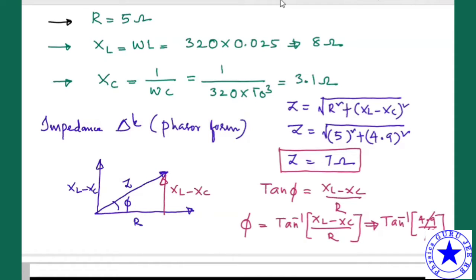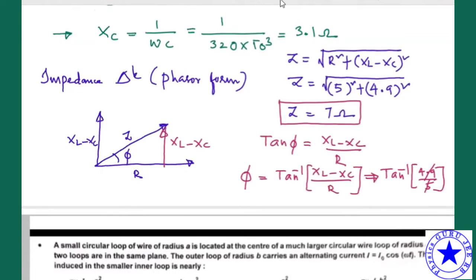So tan inverse of 1. So phi equals pi by 4, 45 degrees.